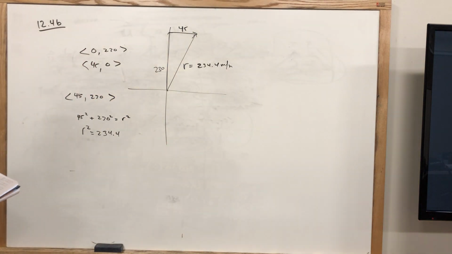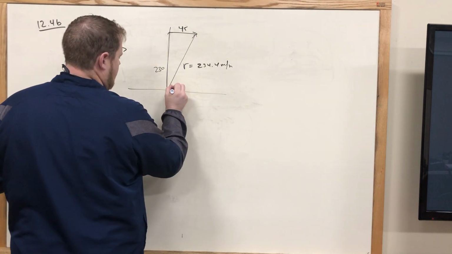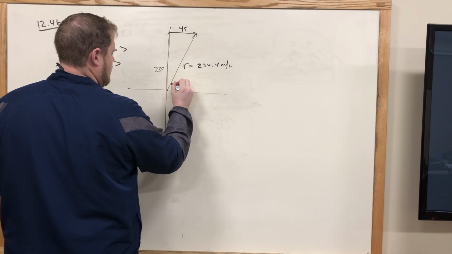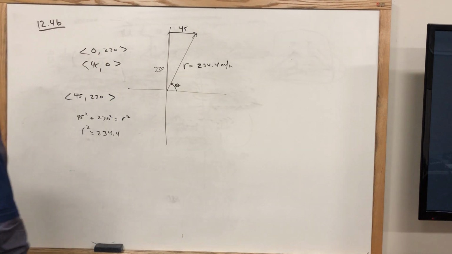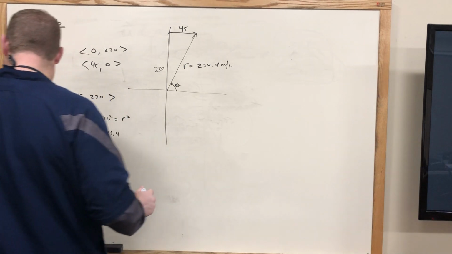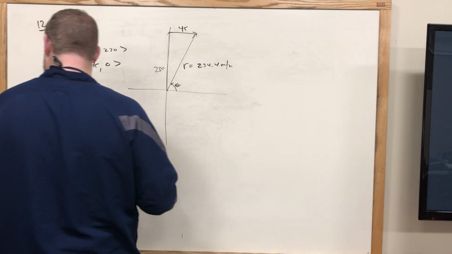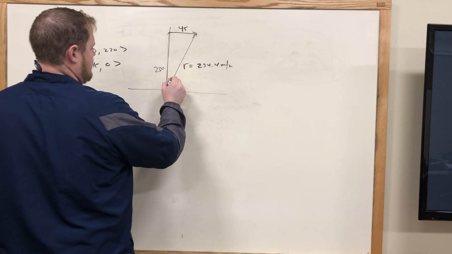Now what do we need? We need this theta. How do we find that theta? Tangent. So we're going to find this one right here.